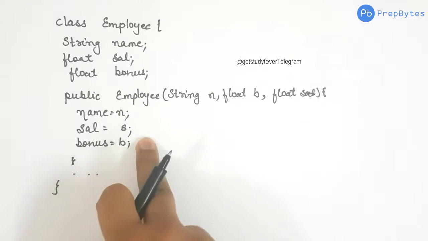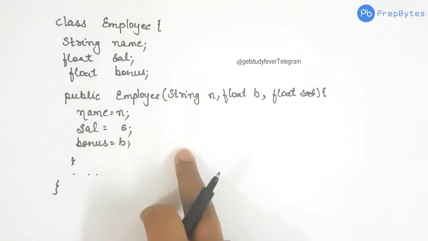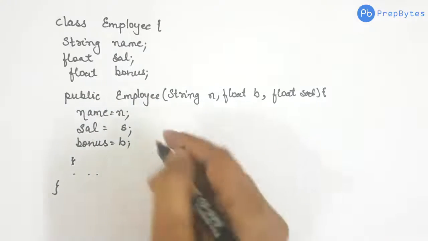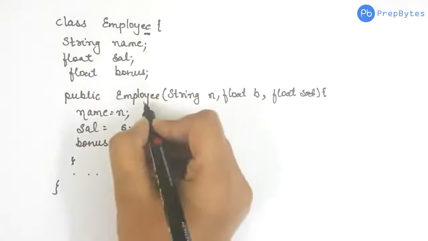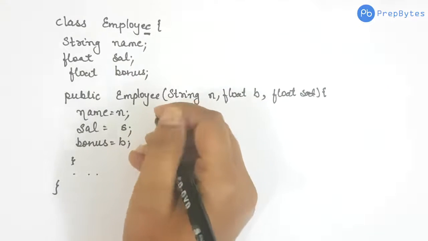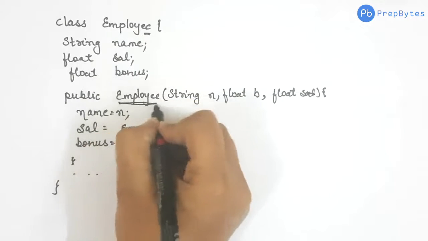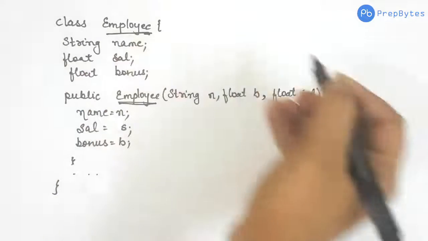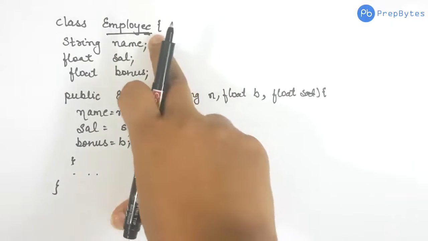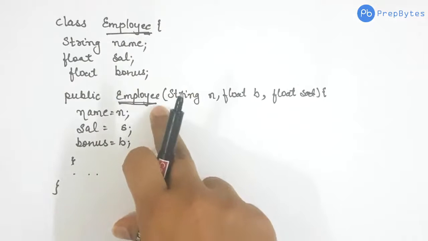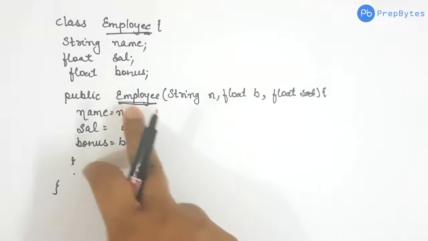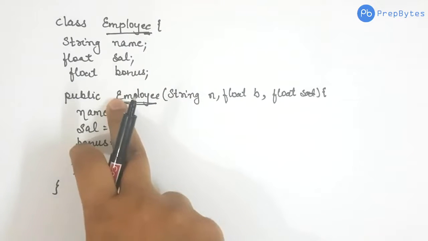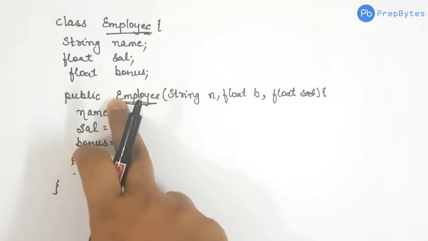But what is the difference between a function and a constructor is that, number one, the class name is same as the constructor, or better to say, the constructor name is same as the class name. So if my class name is employee, then my constructor will also have the name employee. And we don't have any return type in constructors.